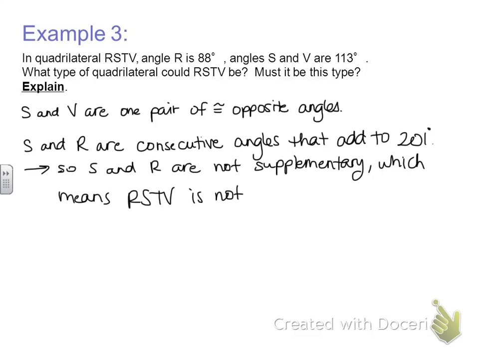What were we checking there? A kite doesn't have to have both supplementary consecutive angles. So remember, we were talking about when we brought up the supplementary consecutive angles, I asked you, why couldn't this be a parallelogram, right? That was kind of the motivation behind that question. So when we check that consecutive angles are not supplementary, it means that RSTV is not a parallelogram, right?